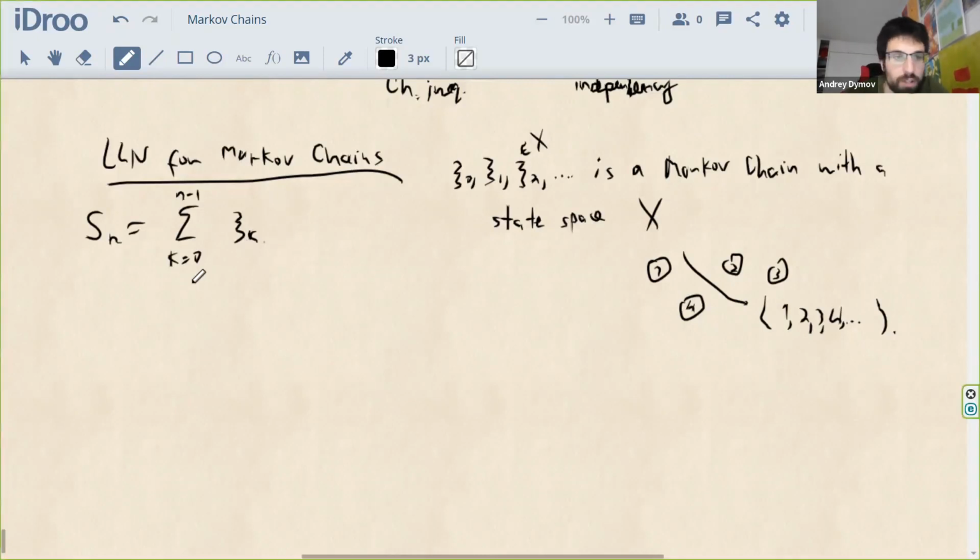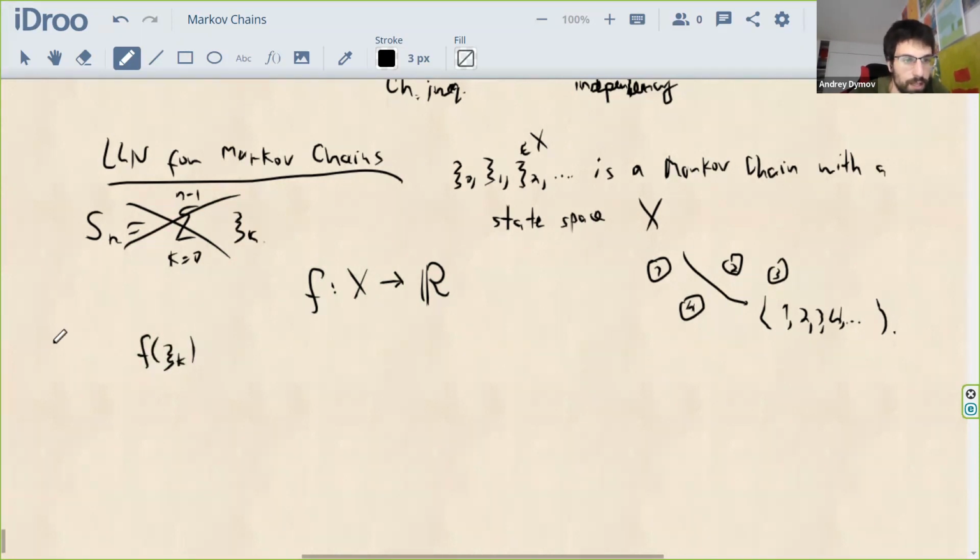It would be much more natural if instead I considered the following object. Let me take any function f, which maps this state space to real values. And then instead of the random variables psi k, I will consider the random variables f of psi k, and I will define Sn accordingly. This is a sum from k equals 0 to n minus 1 of the function f of psi k.